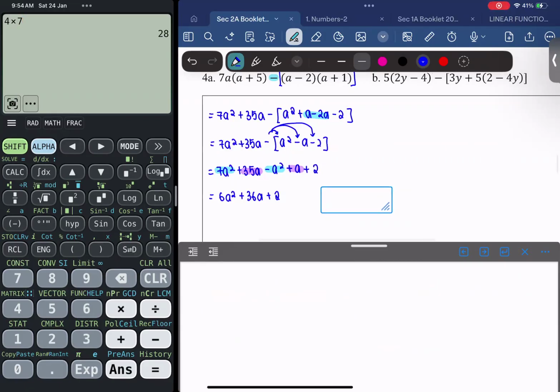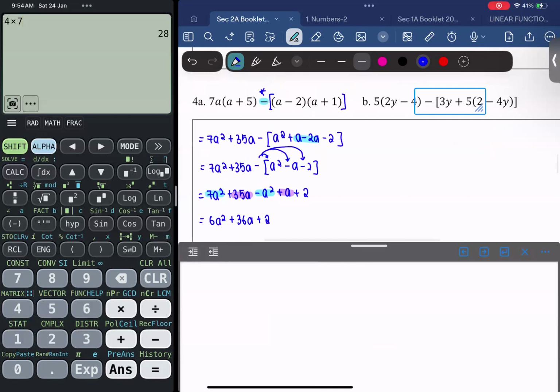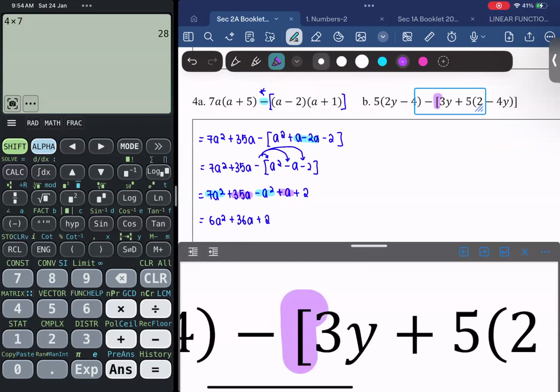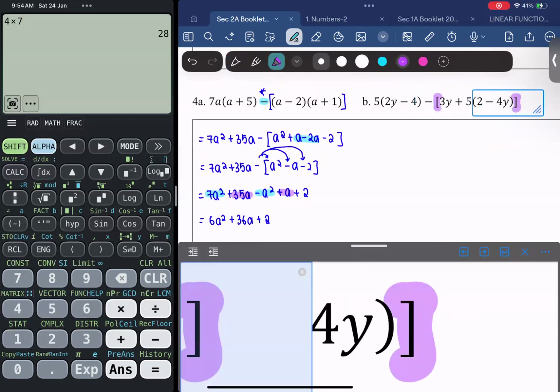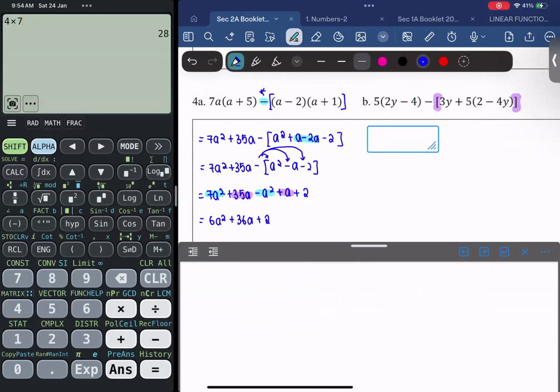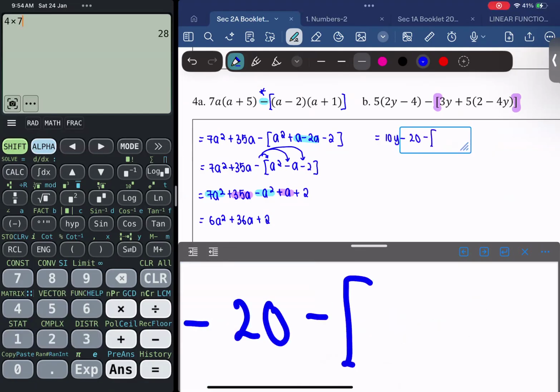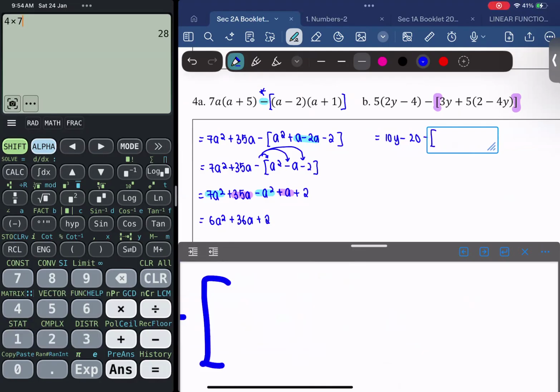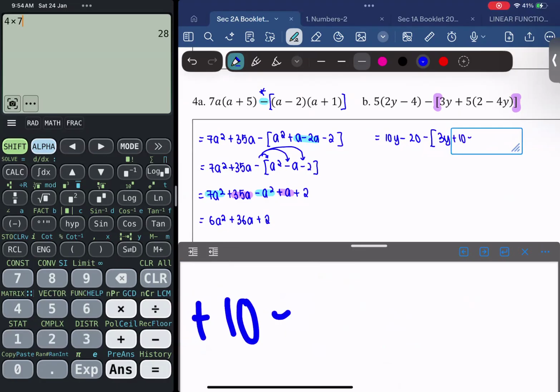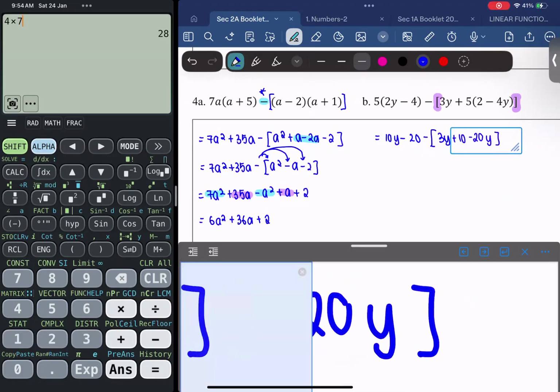Okay, moving on. This one also same thing. This one very nice. The question actually gave you the brackets already. So here, B is what? 10y minus 20 minus, keep the big bracket, settle the one inside first. 3y plus 10 minus 20y, big bracket.